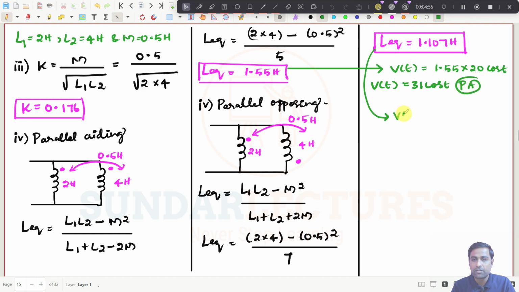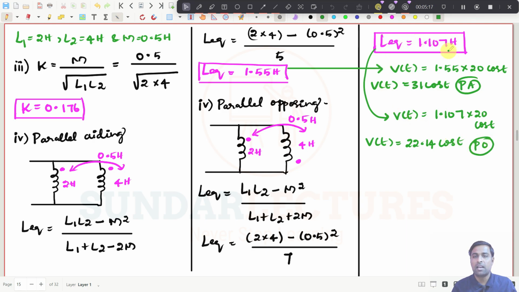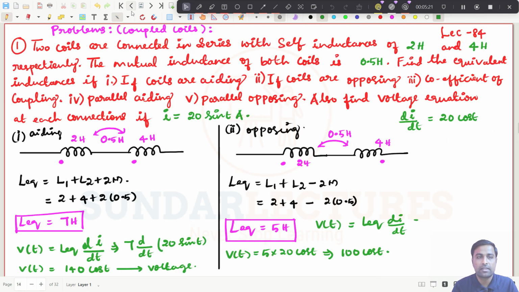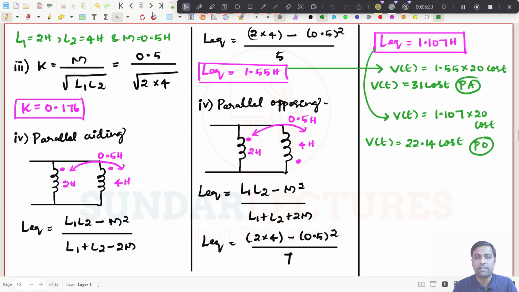And this value V of t will be equal to 1.107 into 20 cos of t. If I simplify this, I am getting 22.14 cos of t. This is for parallel opposing. We have found all the values for the given question.